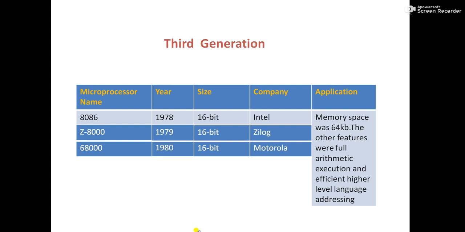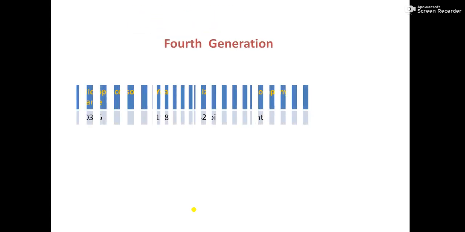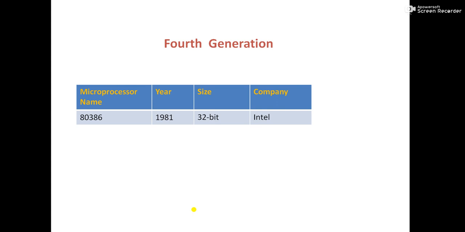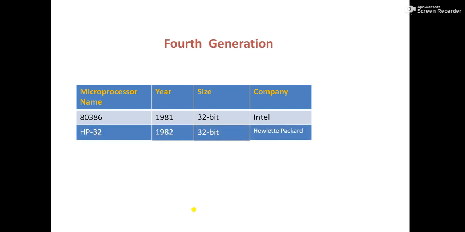Now we will study fourth generation. In year 1981, Intel introduced first 32-bit microprocessor, that is 80386, and after that 32-bit microprocessor Hewlett Packard's HP32 announced in 1982.